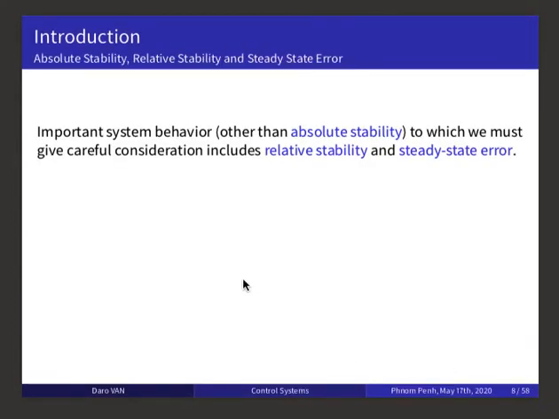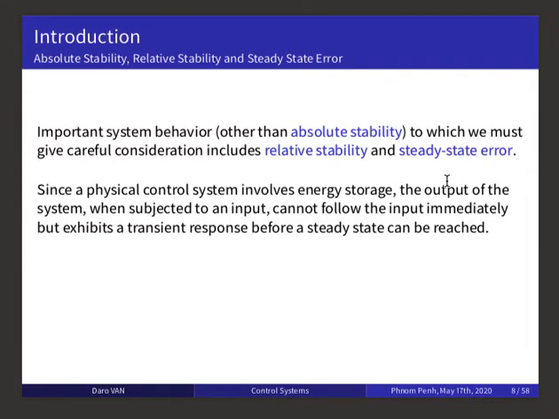An important system behavior other than absolute stability to which we must give careful consideration includes relative stability and steady state errors. Since physical control systems involve energy storage, the output of the system, when subject to an input, cannot follow the input immediately.